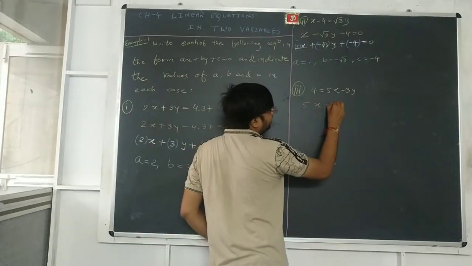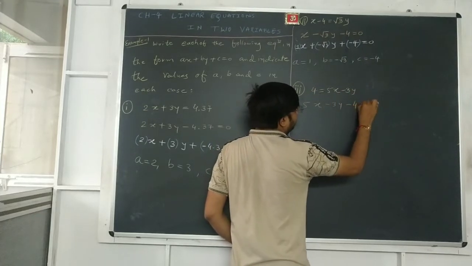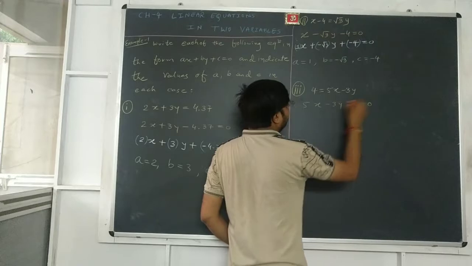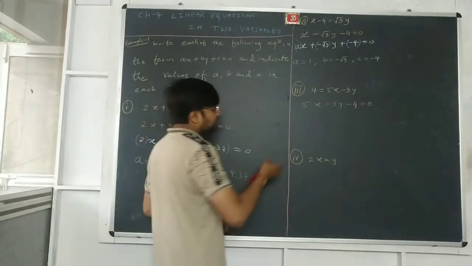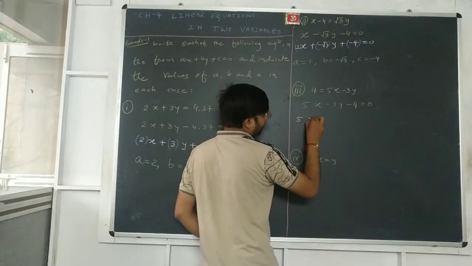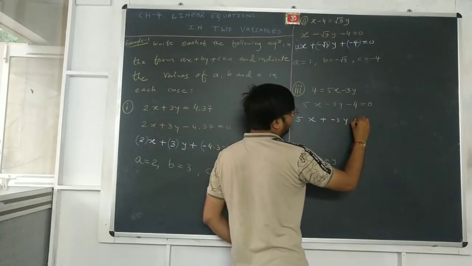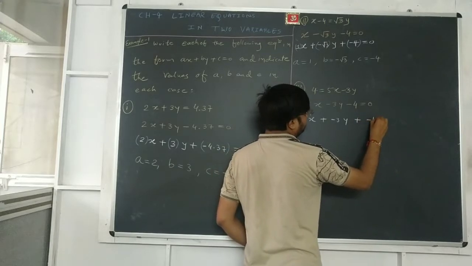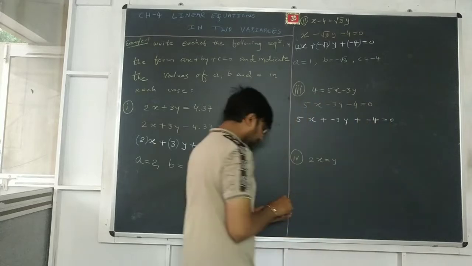So 5x minus 3y minus 4 is equal to 0, and we get this equation. Now suppose here 5x plus minus 3 into y plus minus 4 is equal to 0.